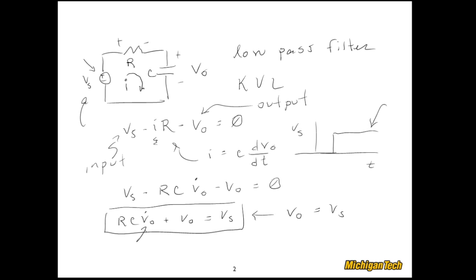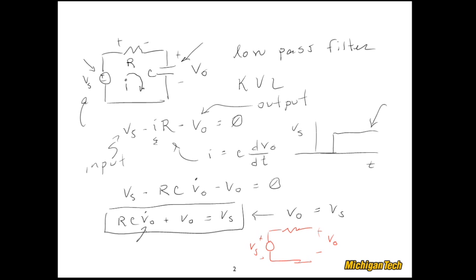Now if I look at it from a circuit standpoint, and I use the check from the previous page, what we would do is set the C to an open circuit. Let me just switch colors and redraw this. I would have Vs plus and a minus, and that resistor, and that is my V0.